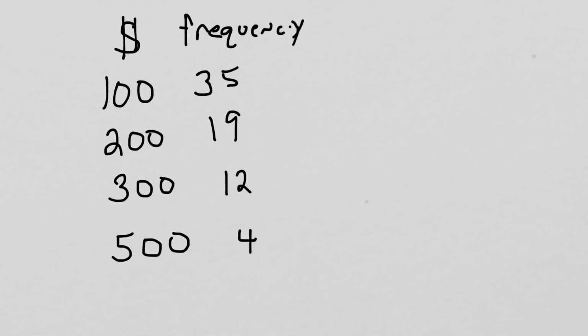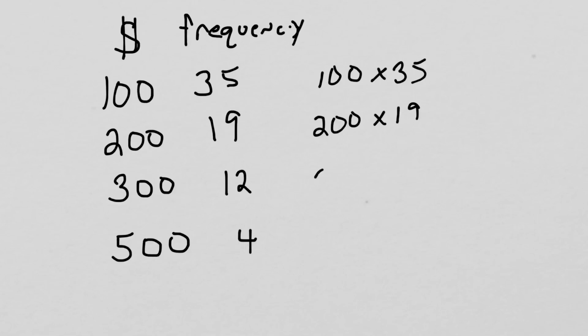The way to do this is sort of like we just did the GPA. It's going to be 100 times 35 plus 200 times 19 plus 300 times 12 plus 500 times 4.